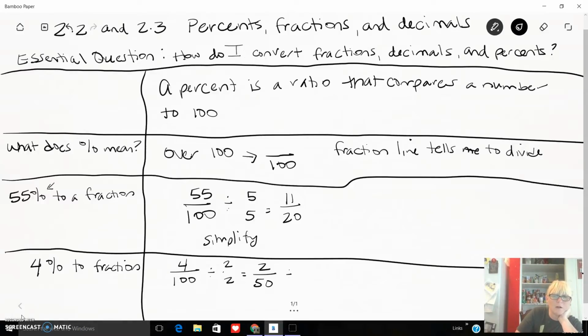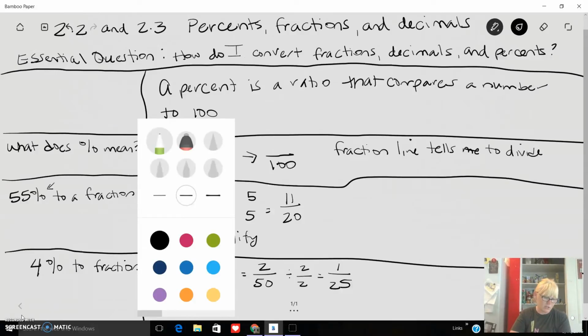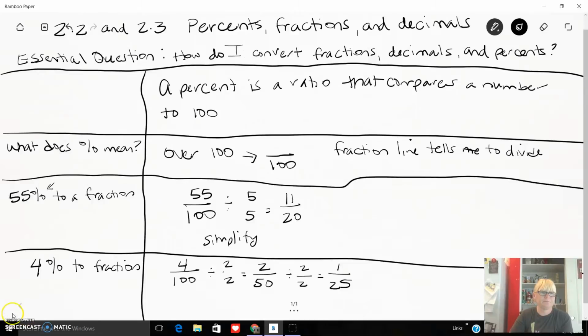Oh, I can make that one smaller too by dividing by 2 again. So 2 divided by 2 is 1. 50 divided by 2 is 25. So just remember, it doesn't matter if it's a double-digit number here or a one-digit number, you put that number over 100, and that's how you change it to a fraction.